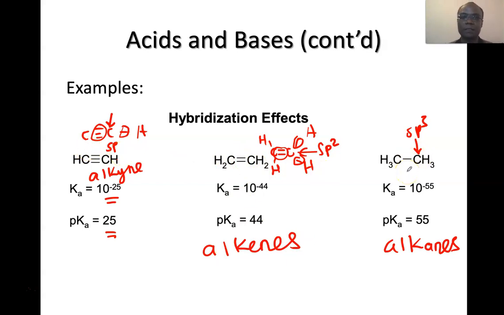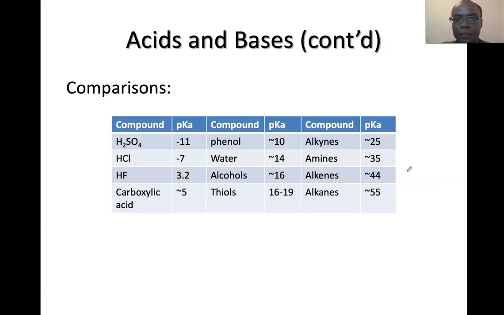So those are factors that tend to be used to explain why one molecule is more acidic than the other. Okay, you have a list of acids here with their pKa. So based on pKa, you can decide which one is the strongest acid. Sulfuric acid has -11, so it tends to be the strongest out of this. And of course, alkanes will be the weakest because they have the highest pKa.